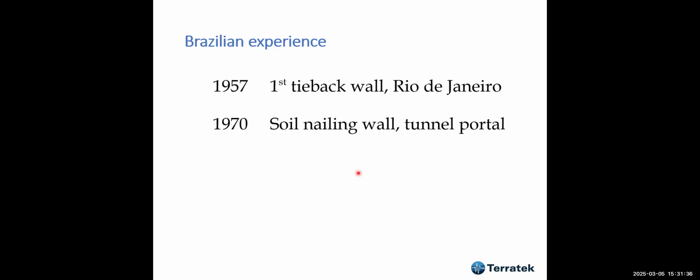These tunnelage engineers used to put bolts to reinforce the tunnel, and they decided to do the same at the portal. And that was the first Brazilian experience in 1970, without any calculation. Calculation came up much later.